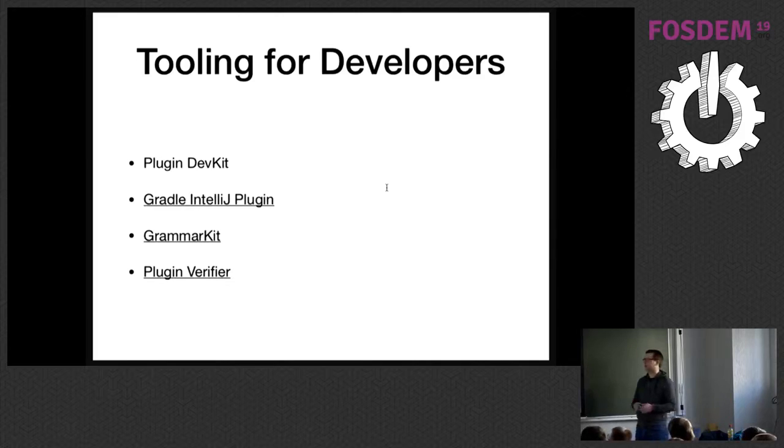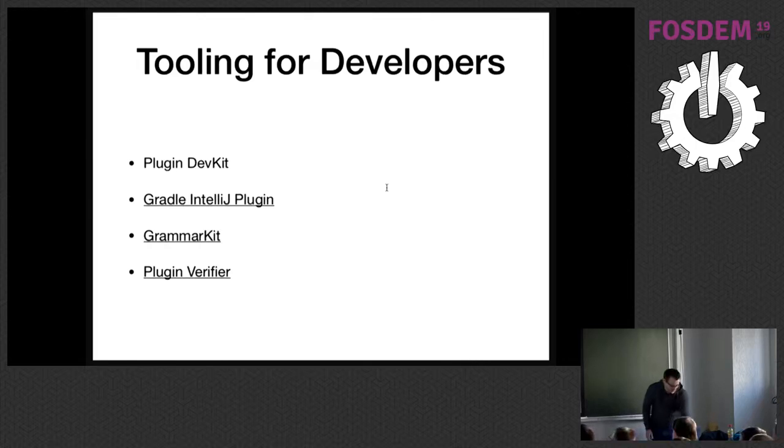I will show a bit more details later. The third one, Grammar Kit, is specifically targeted at custom language development. So anyone wanting to support a new custom language should really try building it on Grammar Kit. And the last thing is a maintenance tool, Plugin Verifier, which helps you to ensure that the compatibility with newer or older versions of IntelliJ is actually guaranteed.